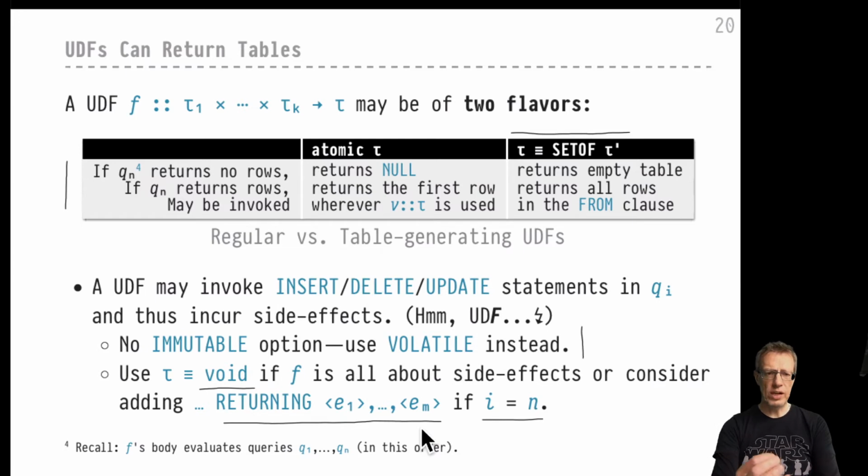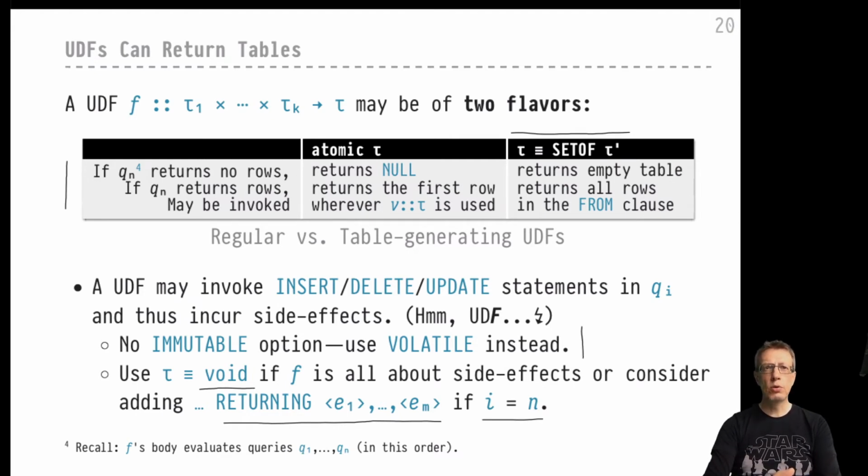They will be evaluated for all the rows that have been affected by your DML statement, for example, the inserted rows or the updated rows. For these, we could evaluate all of these expressions. Their values would be collected in a table, and that table would be returned from your user-defined function.